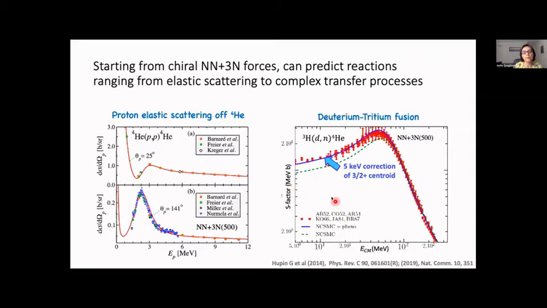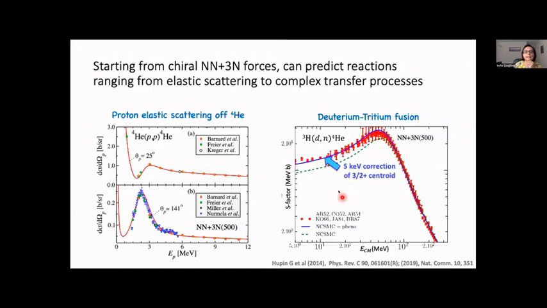What I want to highlight here is that the no-core shell model with continuum calculation, starting from chiral interaction, actually produced this dashed green curve initially, and the difference with respect to the experimental data is basically given by just a 5 keV correction on the position of the 3/2+ resonance, which is some kind of fine-tuning that can be really, really hard to get if one is doing calculations from scratch, right?